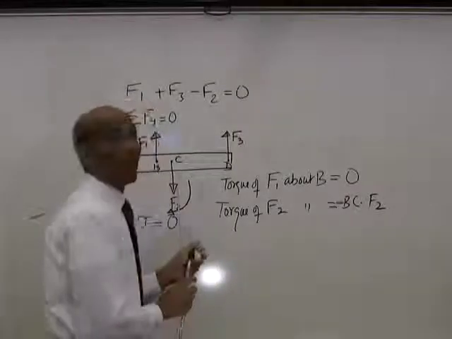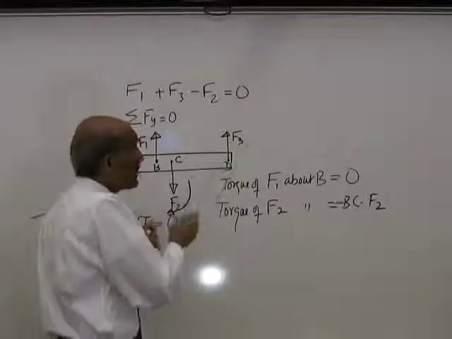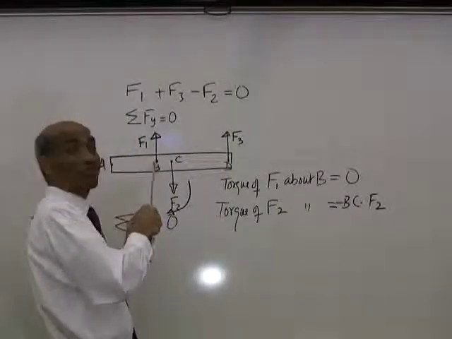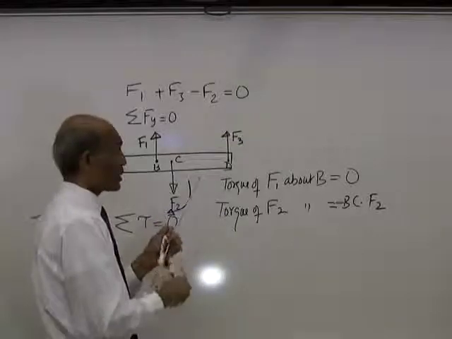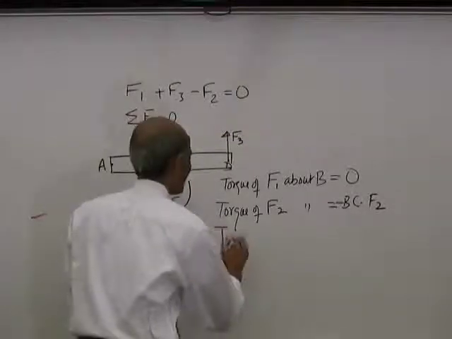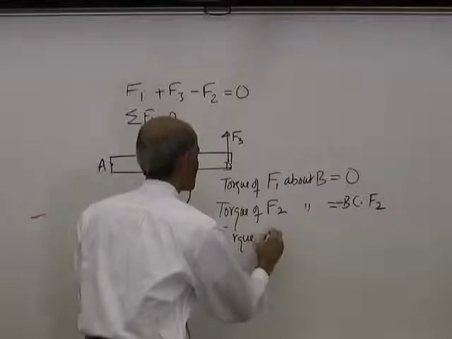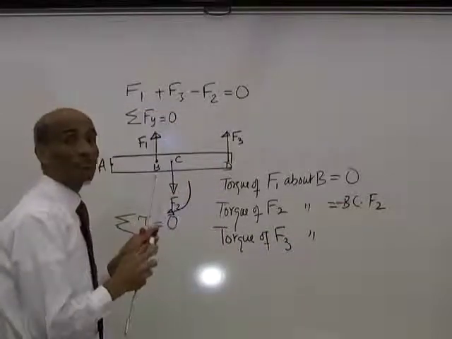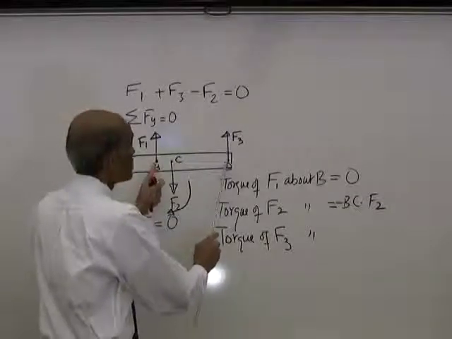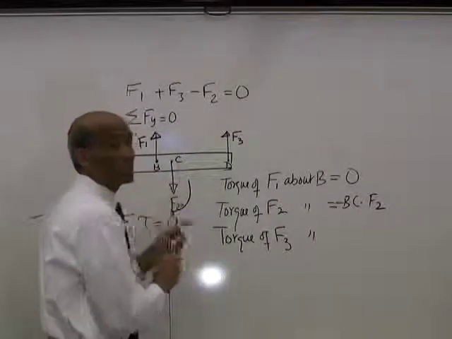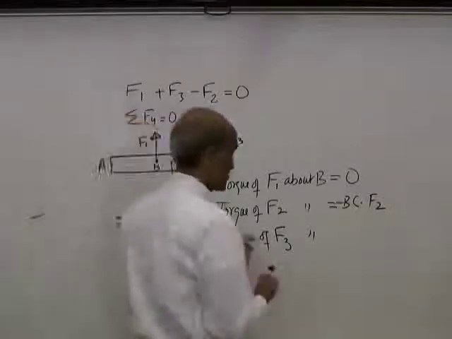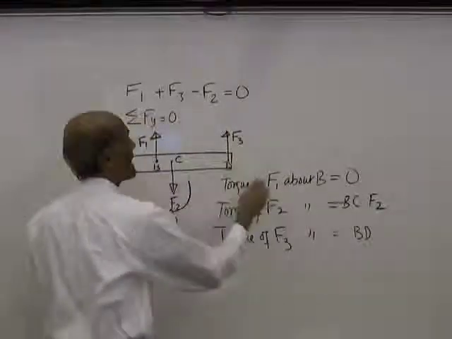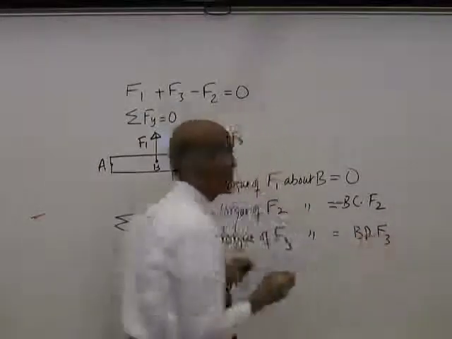Alright, now tell me, what is the torque of F3 about an axis that passes through B? The torque of F3 about an axis that passes through B will be the torque arm, that is the distance BD, multiplied by the force F3.